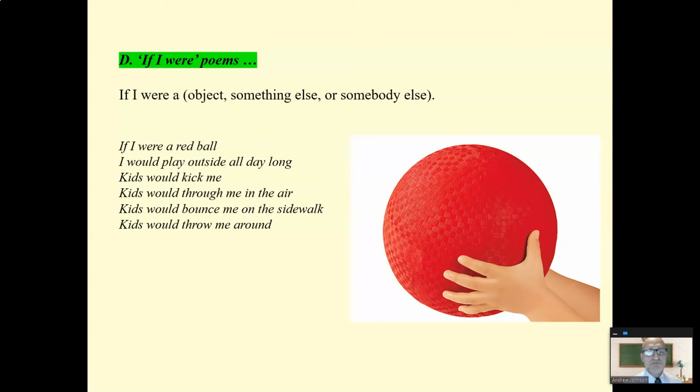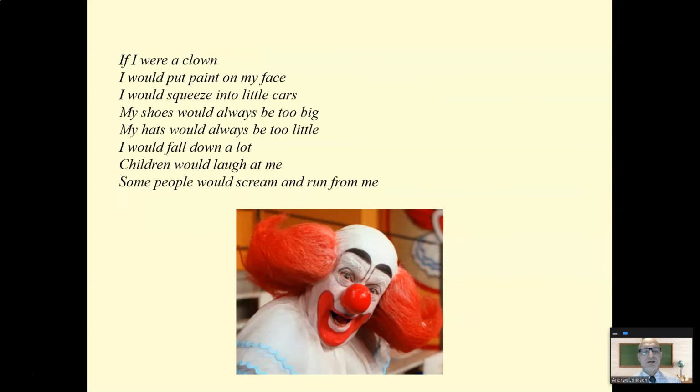If I were a poem, if I were an object or somebody else or something else, if I were a red ball, I would play outside all day long. Kids would kick me. Kids would throw me, mistake there, in the air. Kids would bounce me on the sidewalk. Kids would throw me around. Get the idea. If I were a clown, I would paint on my face.